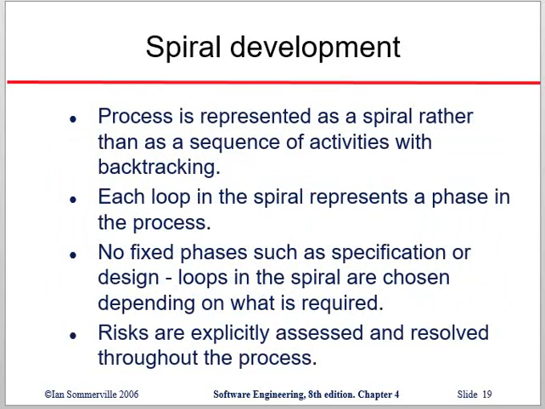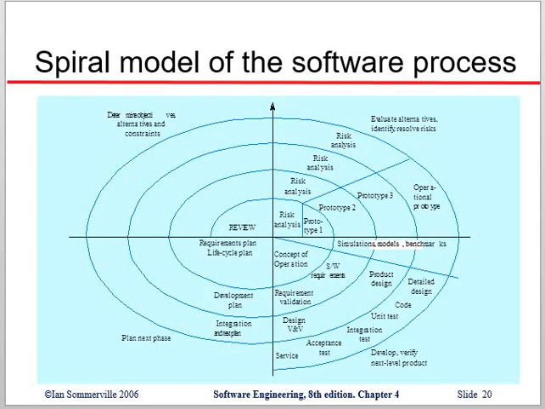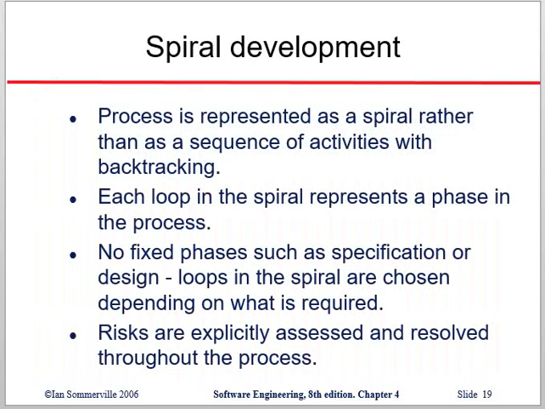Now the spiral development section. In the spiral model, we have a loop like this. It starts from this point and goes like this, and finally it will release and serve the software. In the spiral model, each loop of the spiral represents a phase of the process.